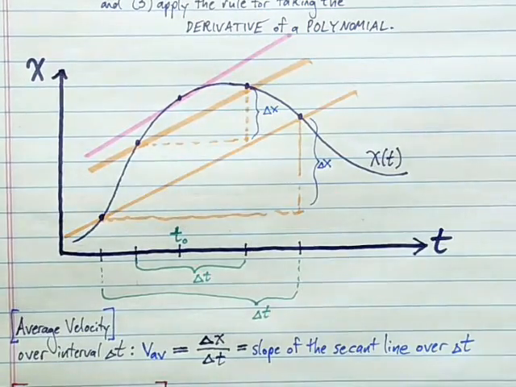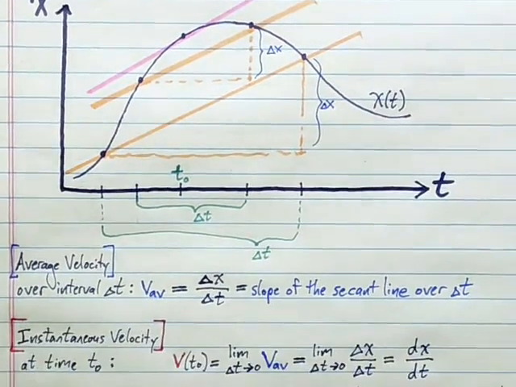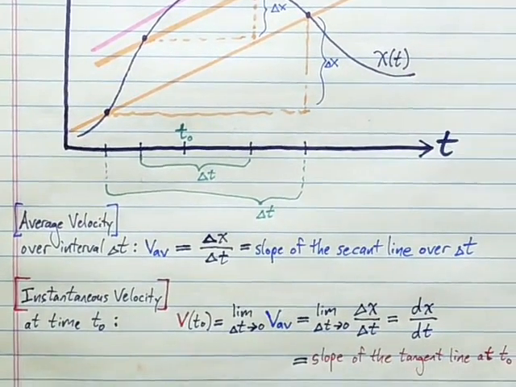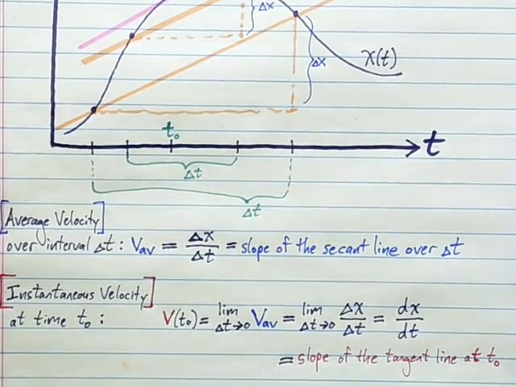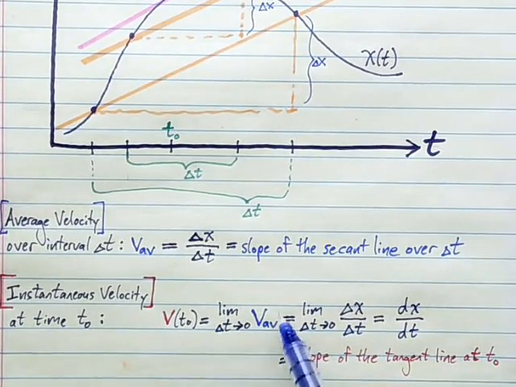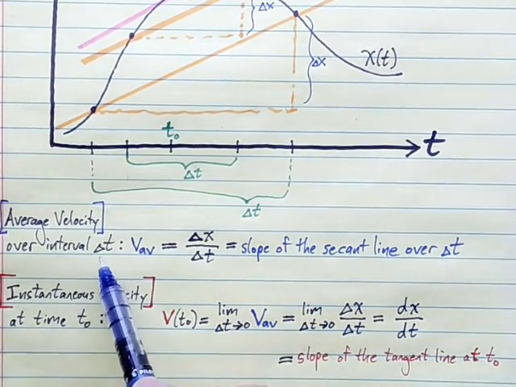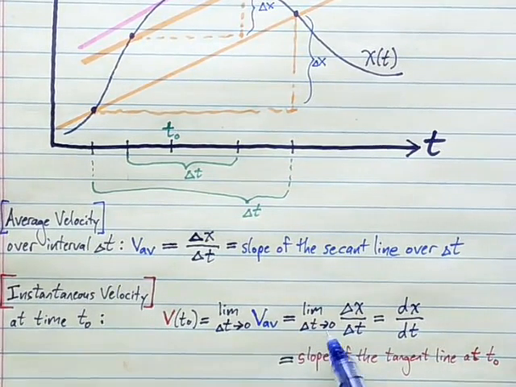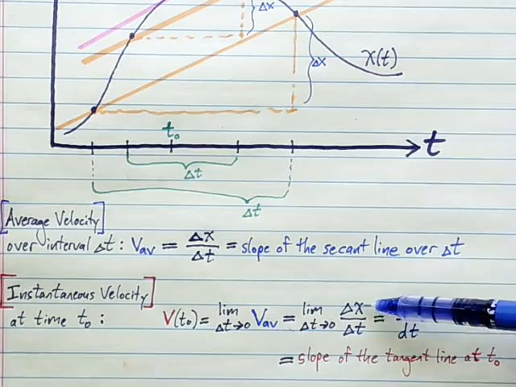That would be our tangent line. And what we'd be talking about then would be the instantaneous velocity. So if we took the limit as delta t went to 0 of the average velocity, so finding the average velocity over a time interval that shrunk to 0, that would be the limit as delta t went to 0 of delta x over delta t.